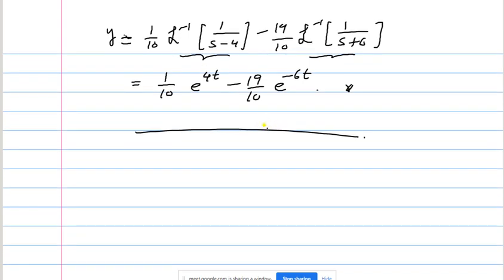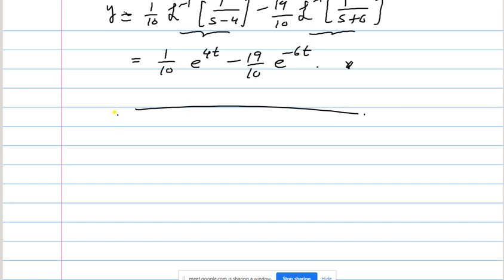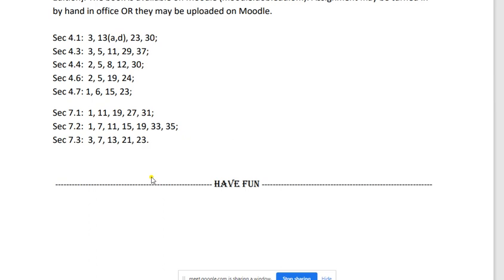So these are all the questions. In 7.3, I gave you maybe a lot of questions from there as well for the assignment. But one thing which you should do is the property that we use for translation on s-axis.